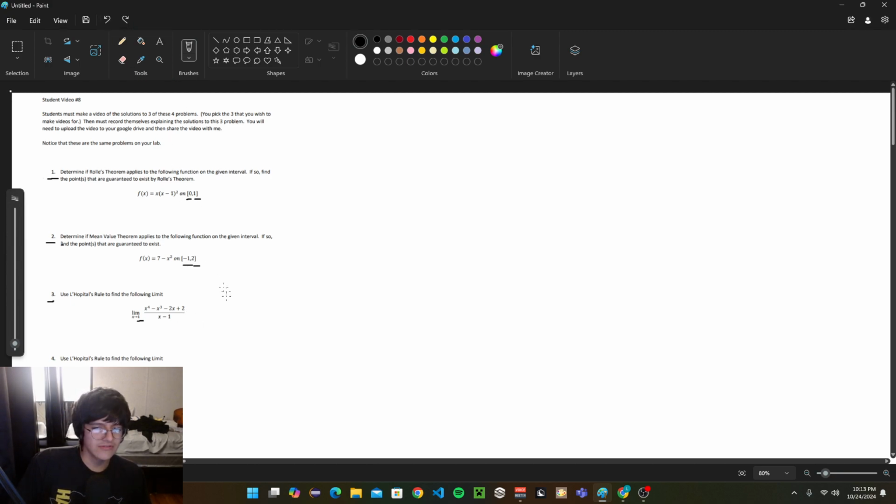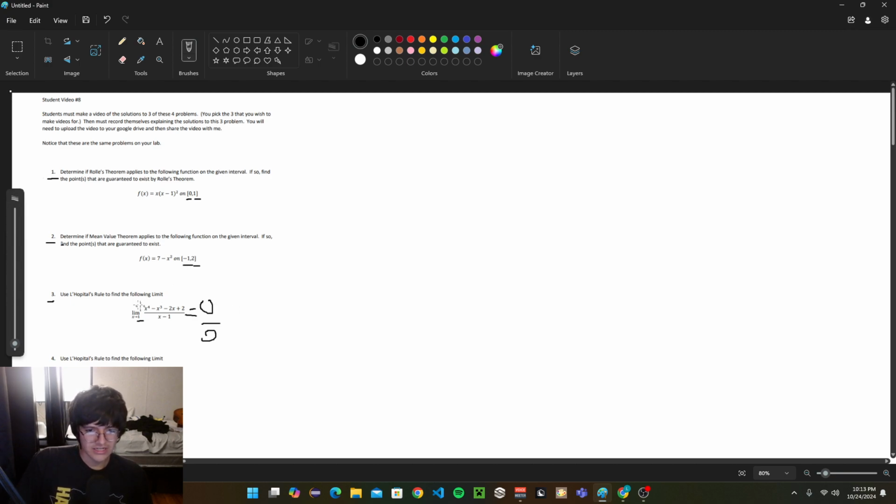So I've already done this, and if you plug in 1 for each x, you'll find out that you get 0 over 0. You can also just look at the denominator, x minus 1, so essentially 1 minus 1, giving a 0 in the denominator, letting us know that it's already going to be 0 over 0 without having to plug in the numerator.